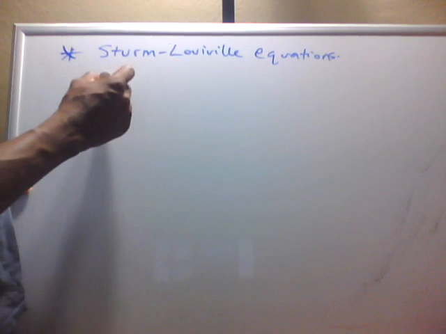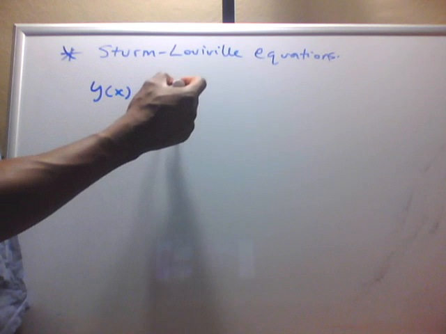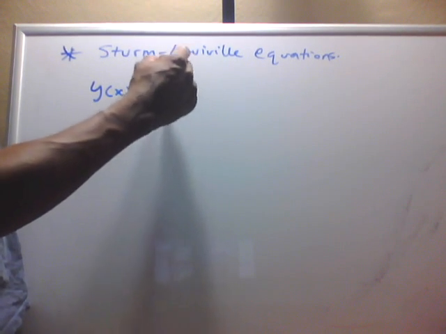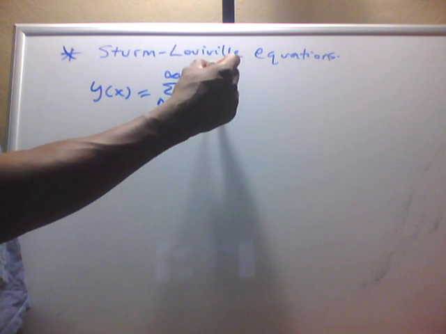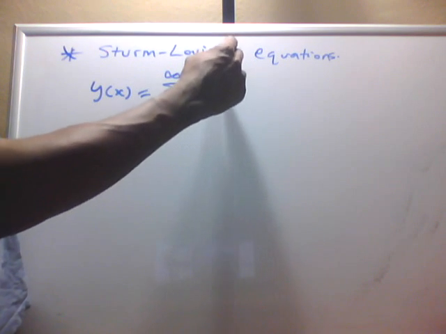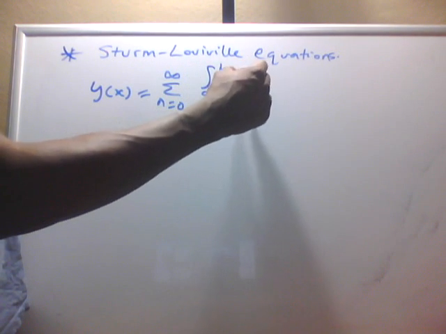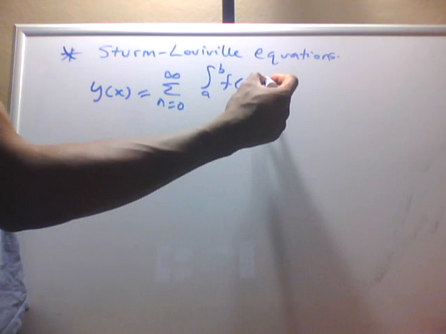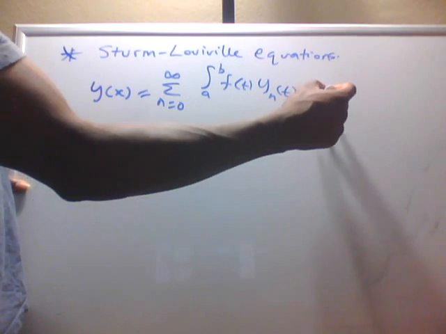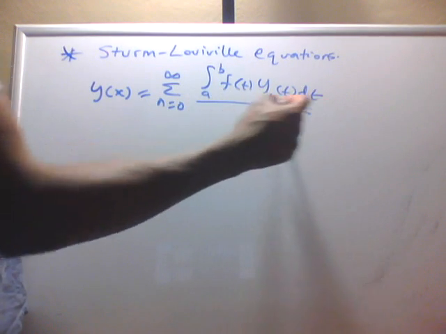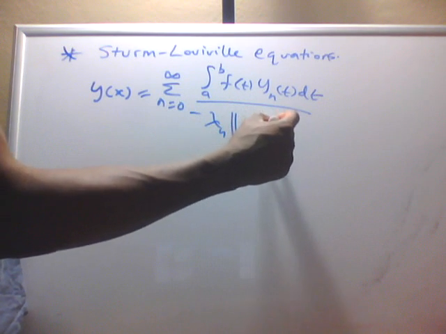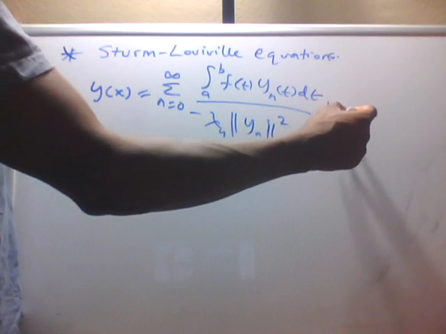Let's go back to that form. I'll express it as the full integral here: the integral from a to b of f(t) yn(t) dt, over lambda n squared norm, times yn(x).